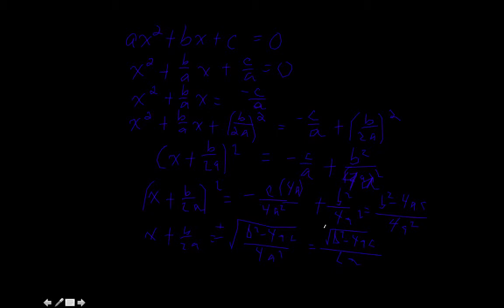This was plus or minus, so this is plus or minus. So now if I just move over, subtract b over 2a from both sides, negative b over 2a plus or minus the square root of b squared minus 4ac over 2a. They already have a common denominator.